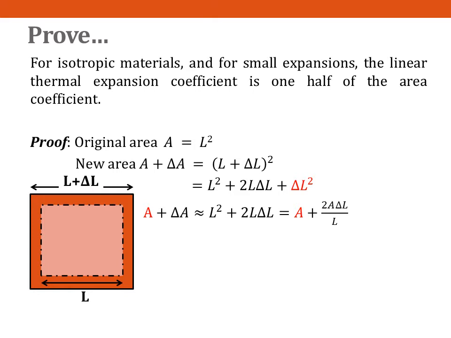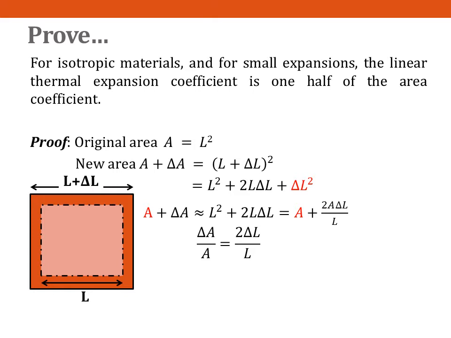On the left hand side we have A, and on the right hand side we have A. They get cancelled out, and therefore delta A becomes 2A delta L by L.